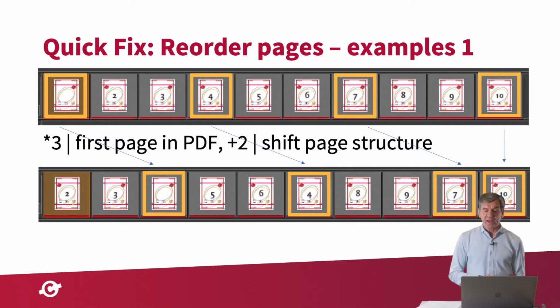After that page, I insert my selected pages, and then I say shift page structure. So the selected pages aren't inserted as a consecutive number of pages. They keep their distances. I have determined that I need to shift all the pages to the 3rd slot, and then all other pages of my selection keep their distances. At the end there is no page that could go in between, so page 10 of my selection directly follows page 7.